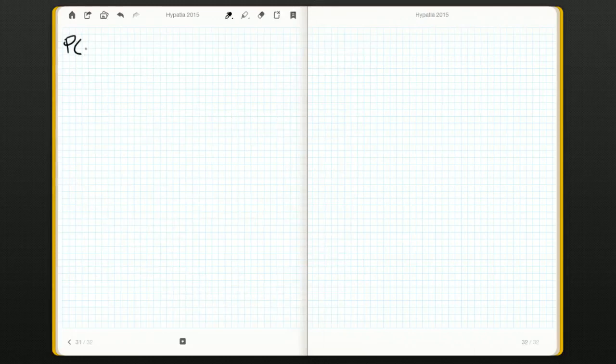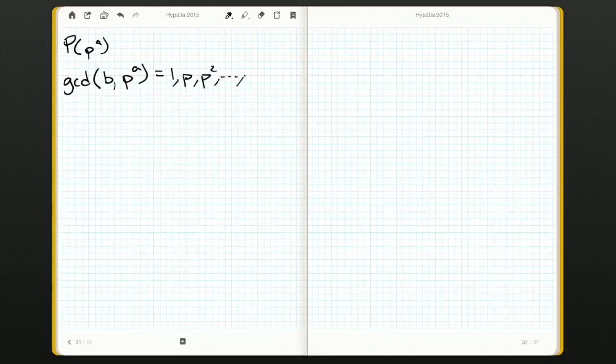So if we want P of p to the a, well, we have the sum of GCDs with p to the a. That could be either 1, it could be p squared, up to p to the power a.